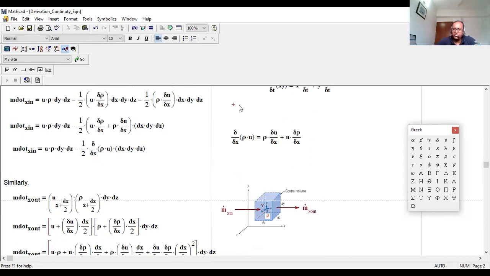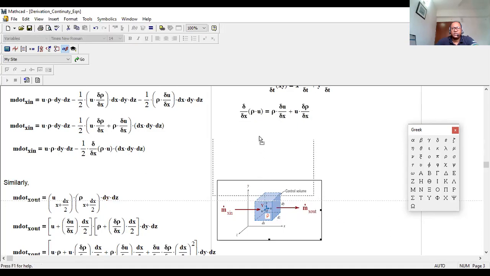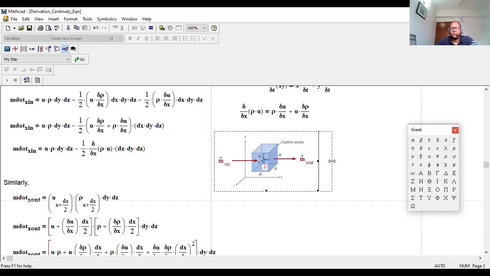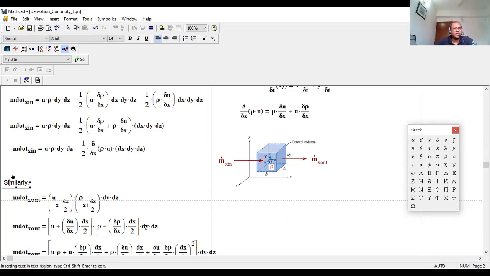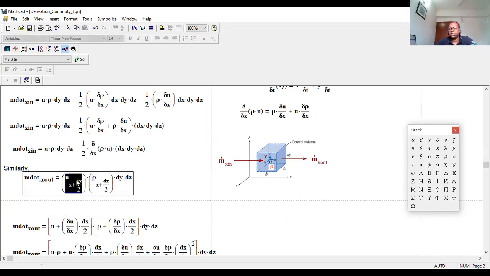Similarly, we need to figure out the m dot out, that is how much mass is getting out from the right side. Similarly, m out will be equal to density into velocity into area. So you see, this is my velocity, this is density, and this is the area.